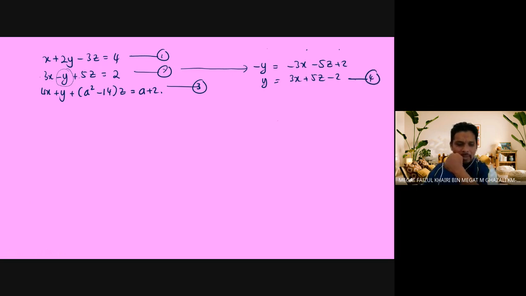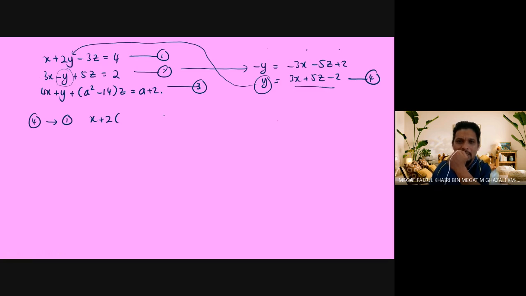Okay, so according to the step here, this equation 4, y, we substitute into the y of equation 1. So equation 4 substituted into equation 1, we got x plus 2y, which is 3x plus 5z minus 2, and minus 3z equal to 4.